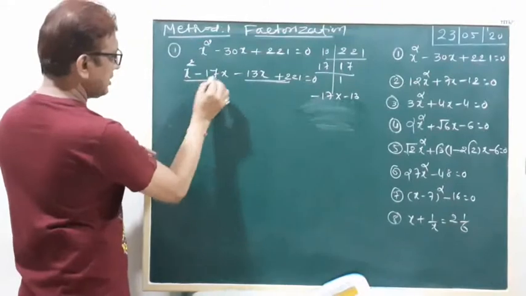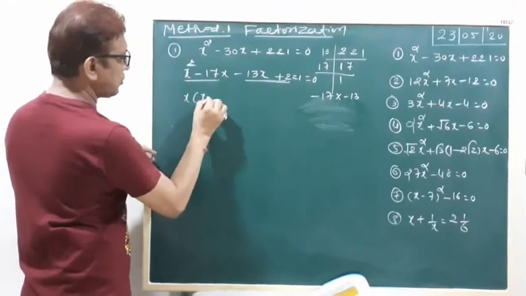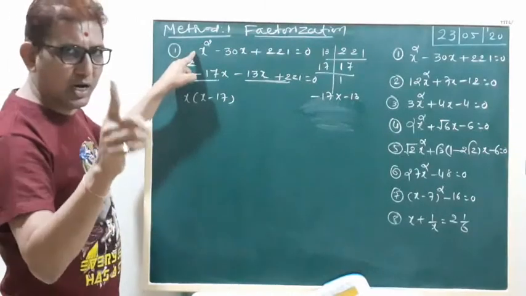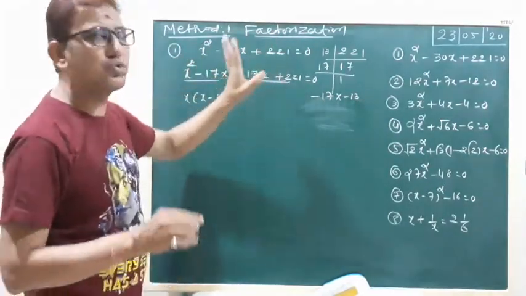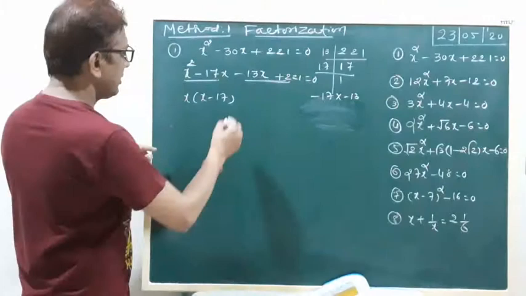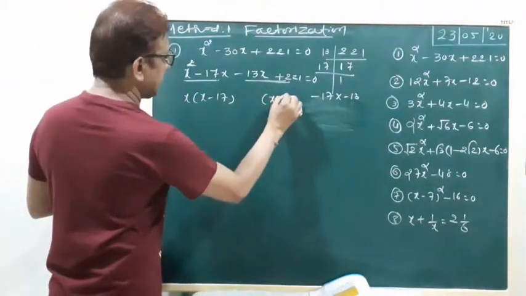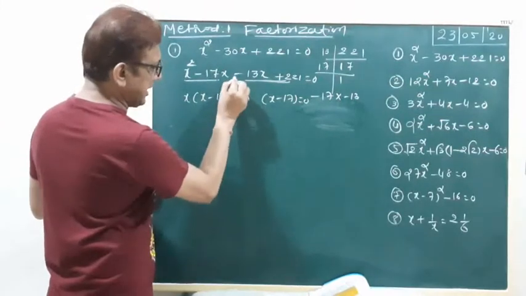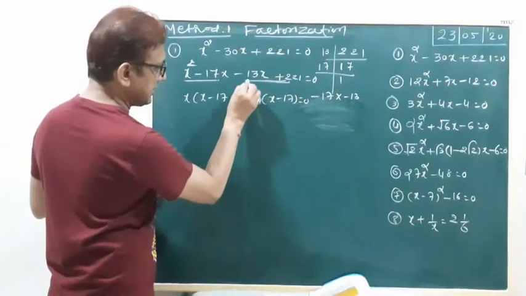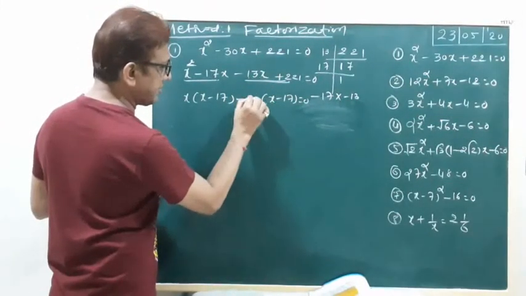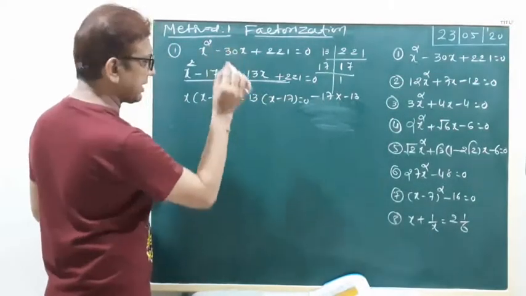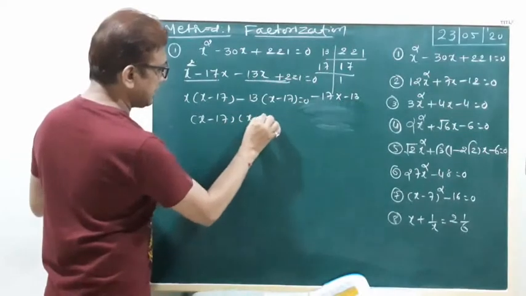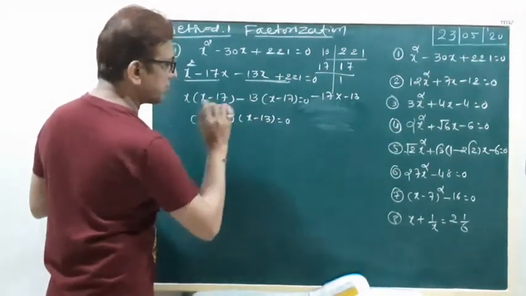Here x is common, so x minus 17. Here the coefficient of x square is 1, so the factor is directly the last term 221. Okay. Now the same bracket x minus 17. Here minus sign, so in minus 13x, x in the bracket, 13 outside the bracket. So our two factors are x minus 17 and x minus 13 equal to 0.